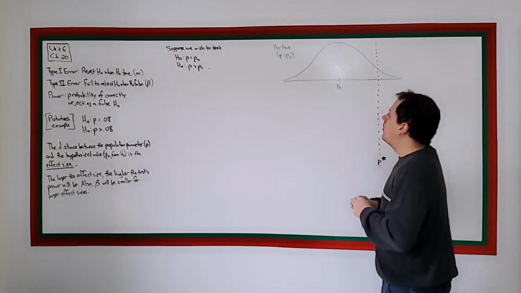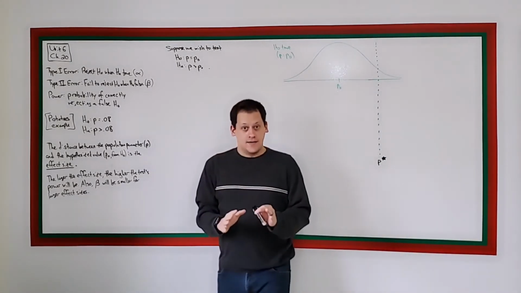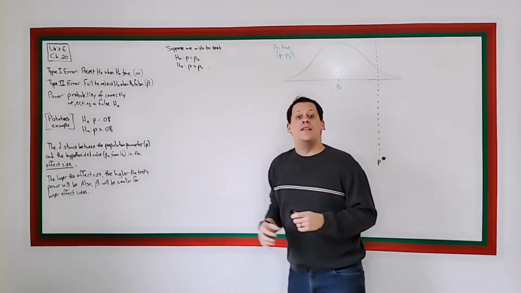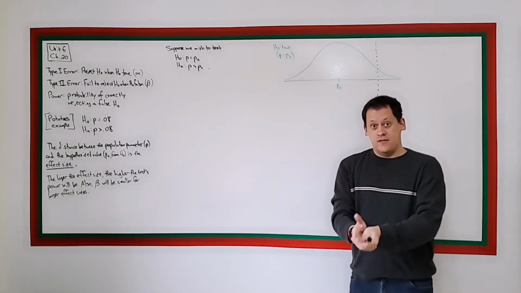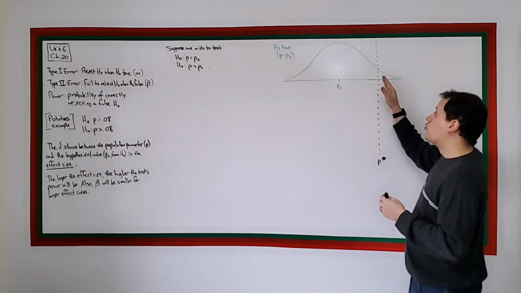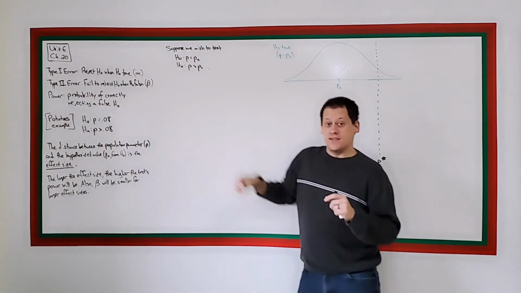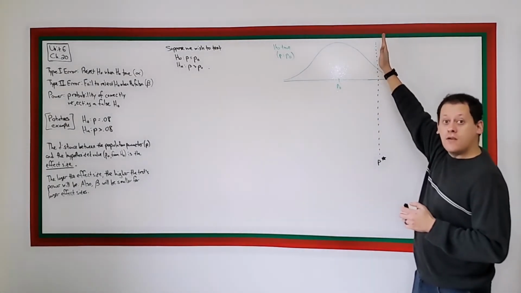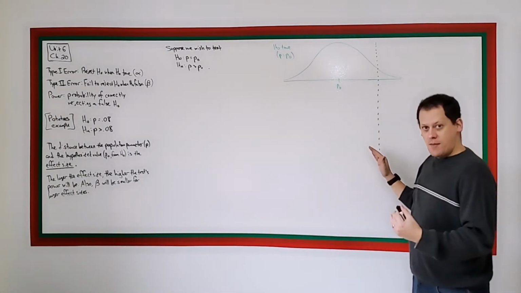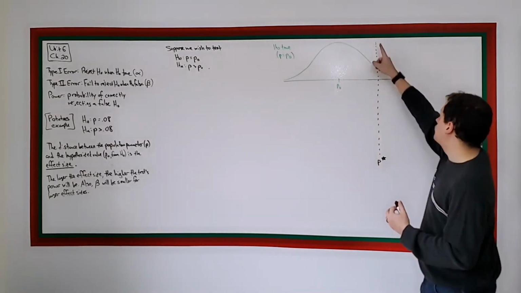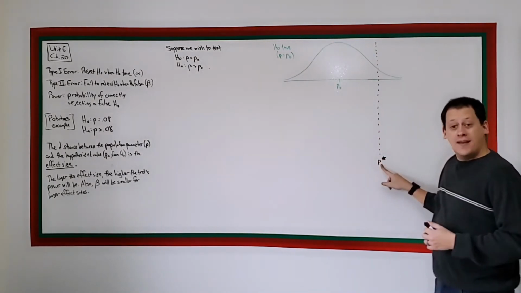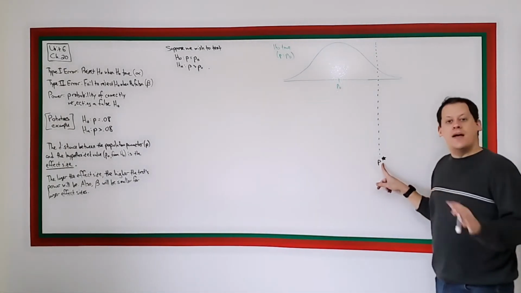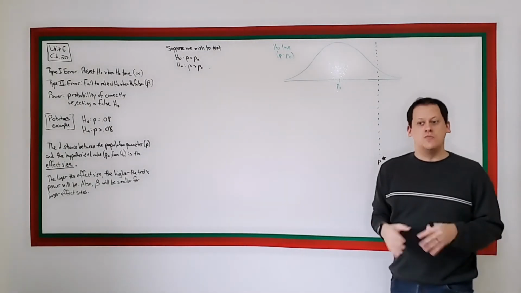Now, we would reject this null hypothesis if the sample proportion we end up with from our sample is greater than, in this example, this value here. Okay? So what we're saying is we are going to reject the null hypothesis if our sample proportion is greater than this value. And I'm going to call this P star. And this P star value is dependent upon the critical value, which would be Z star.